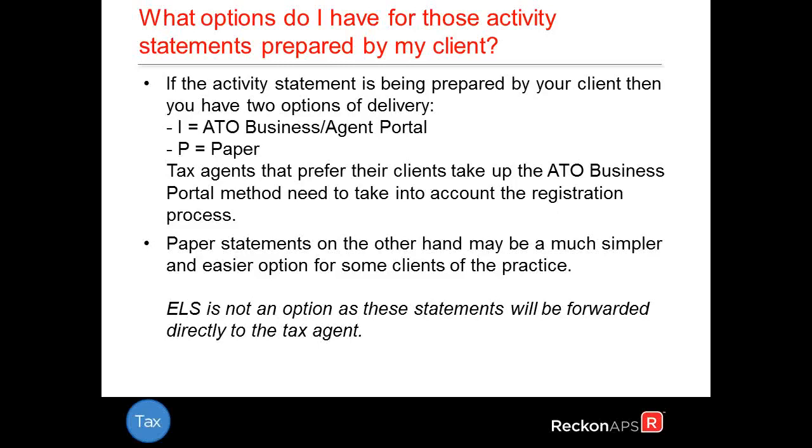So around that, what that means is if the client is happy to prepare their own activity statement and therefore lodge it, care needs to be taken if you as a practice are deciding to say to clients, well, we're going to opt to have the activity statement delivered to you via the internet, which is the ATO business portal.